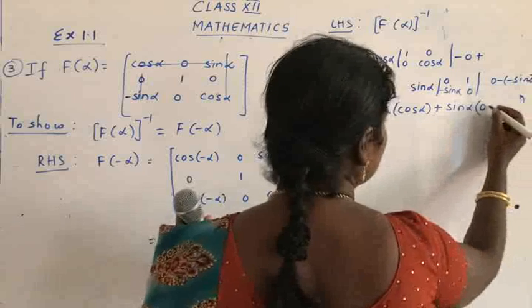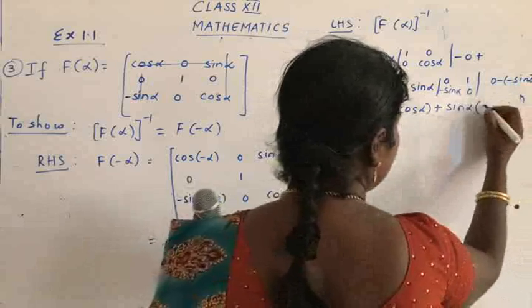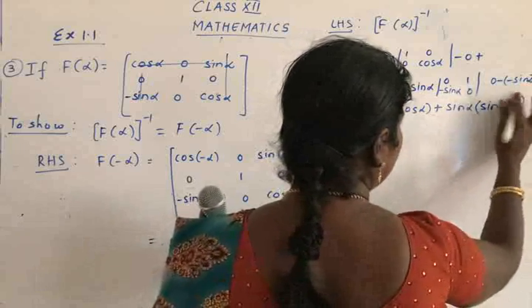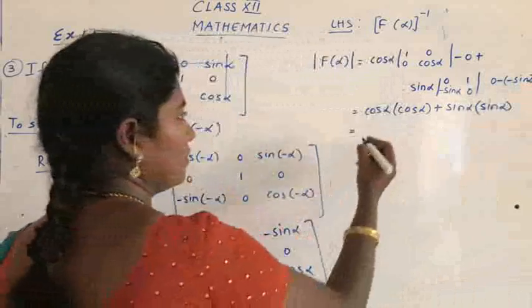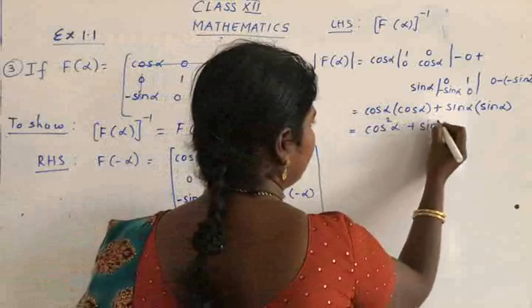So what is it here? 0 plus sine alpha is sine alpha. So what is it here? Let's solve this step. So cos square alpha plus sine square alpha.